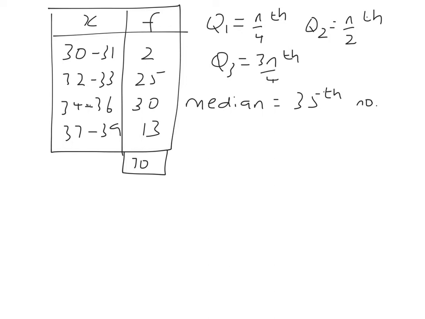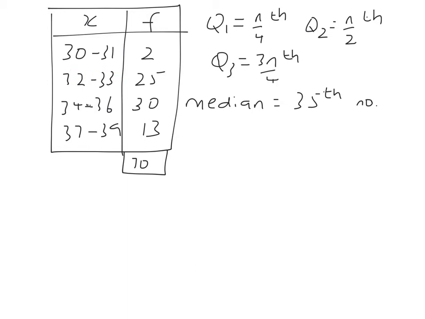Now these numbers here have been rounded to the nearest minute. So if a student had actually spent 31.2 minutes, it would be in this range here. If they'd spent 31.9 minutes, that would be in this range here.